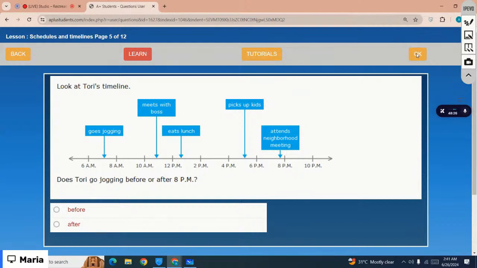Does Tori go jogging before or after 8 p.m.? Yes, before 8 p.m. The correct option is before.